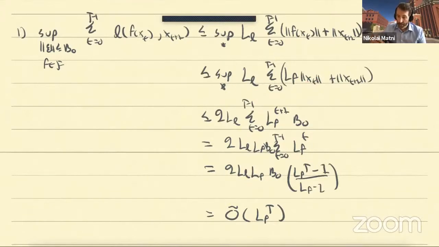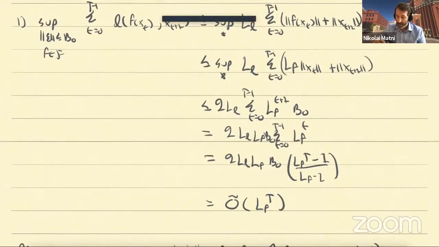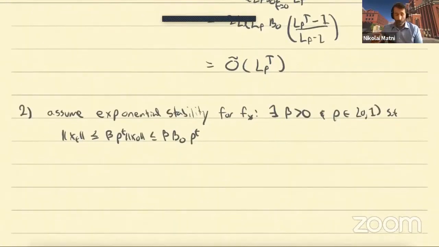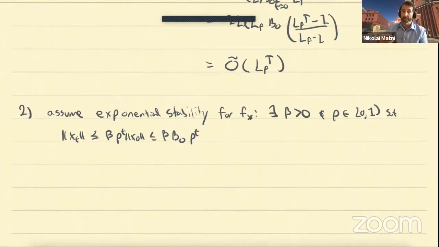So you can go through all the same exercises to get yourself to this point, and then you have to worry about bounding the sum of x of t from t equals 0 to t minus 1. So I'm just going to focus on what that gives you to see what the corresponding dependency on t will be, and then you can just work backwards to get the exact constant.